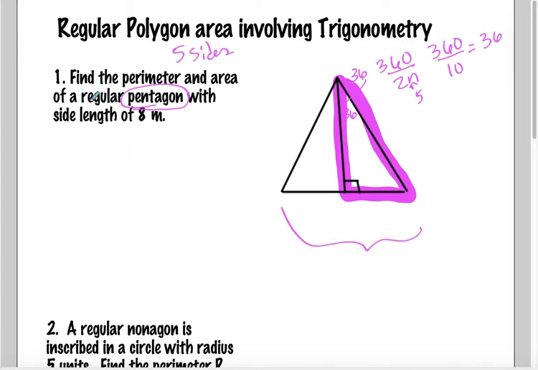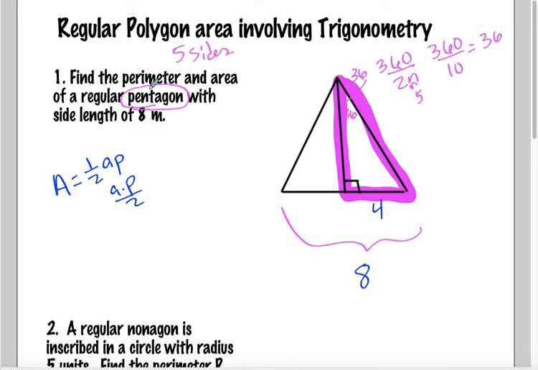So they said the side length is 8. So this is 8, and so this is 4. So we're going to need to use the 4 in our math, and 36 is the top angle. And the formula for area is 1/2 apothem times perimeter, or apothem times perimeter divided by 2. So I need to find the apothem.